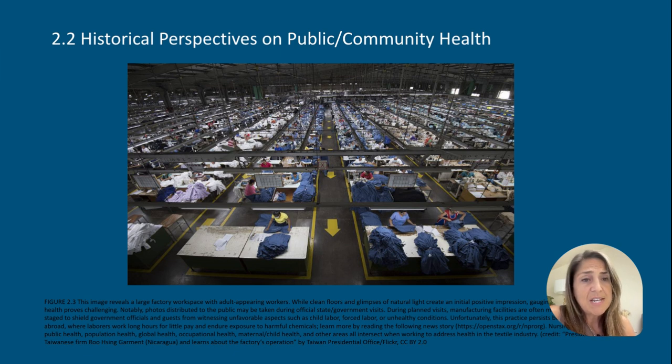This picture was taken during an official state government visit. And during these planned visits, these manufacturing facilities are often meticulously cleaned or even staged to shield the governmental officials from looking at unfavorable aspects, for example, child labor, forced labor, and unhealthy conditions.